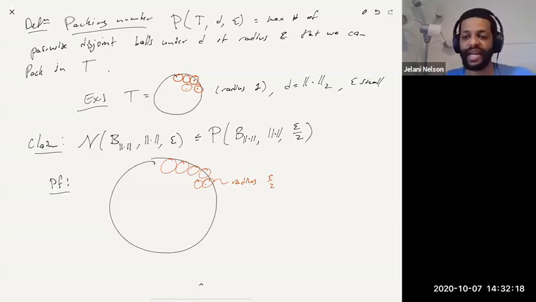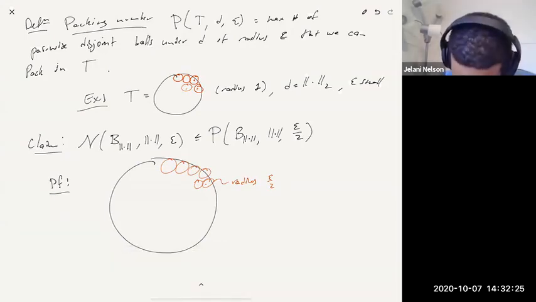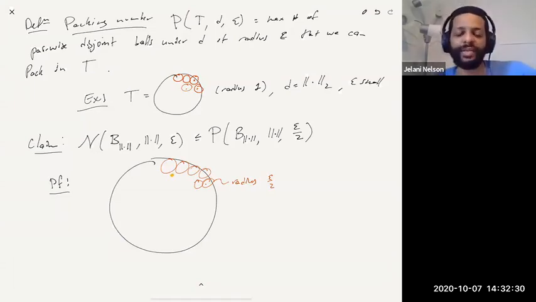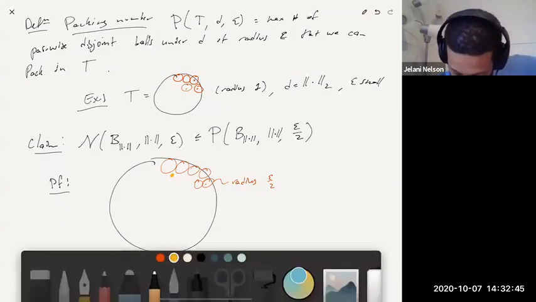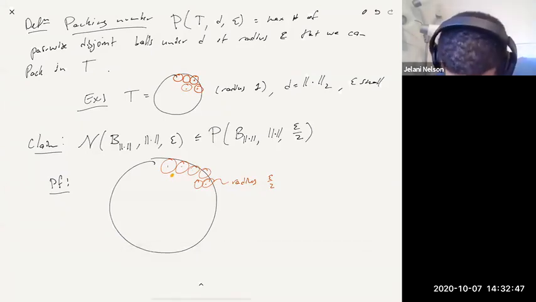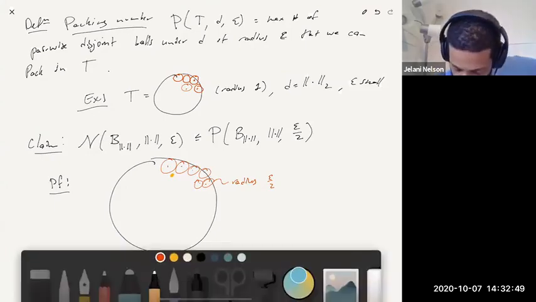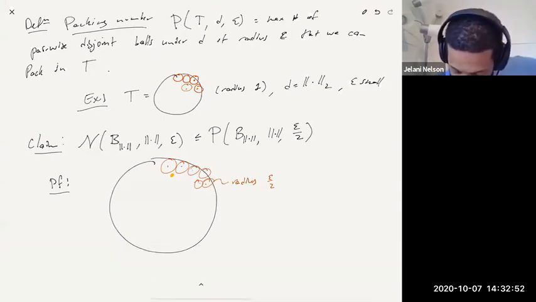So we've packed as many as we possibly can, which means if we take any other point that's not in a ball, like this point, why did we not put a ball around it? We didn't because the radius epsilon over 2 ball around it intersected some other ball. It violated the packing condition of disjointness. Now take all these centers that did have balls, and expand them to have radius epsilon balls.